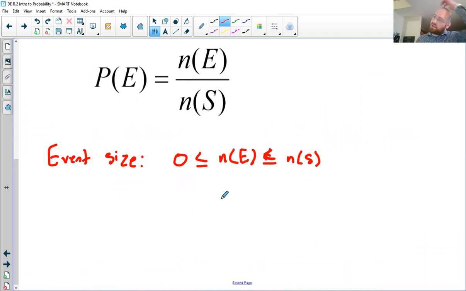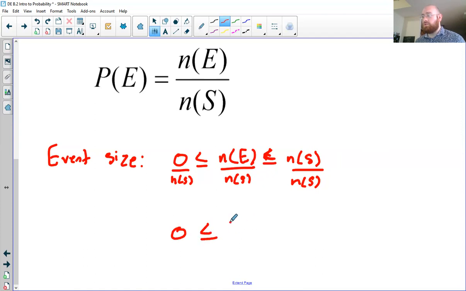So we end up that probability, if we divide everything by the size of the sample space, we end up with 0 is less than or equal to the probability of an event. That's our size of the event space divided by the size of the sample space is less than or equal to 1.